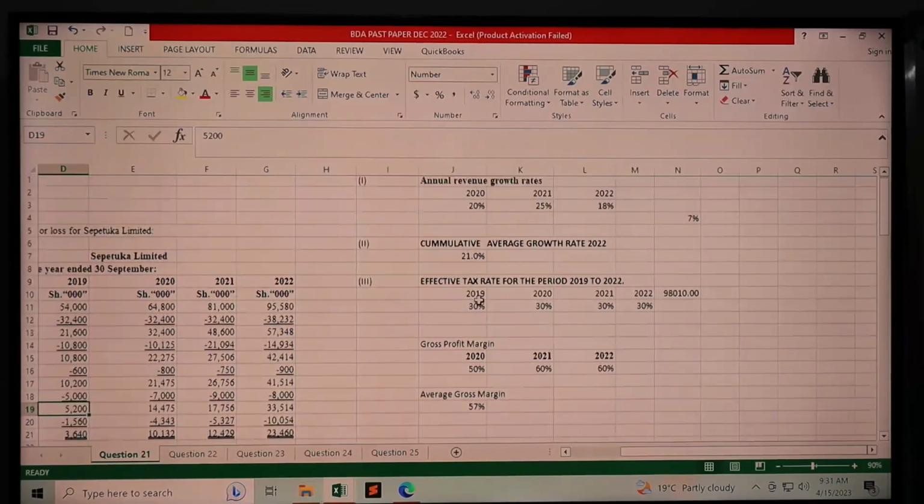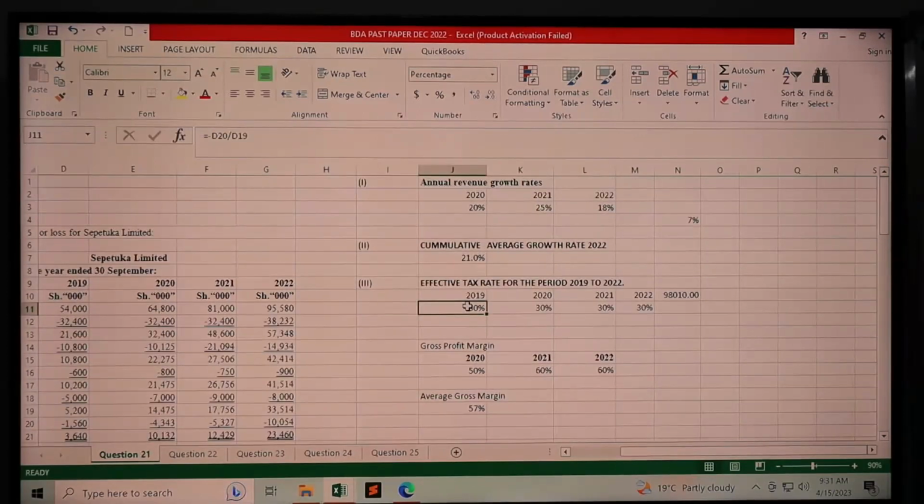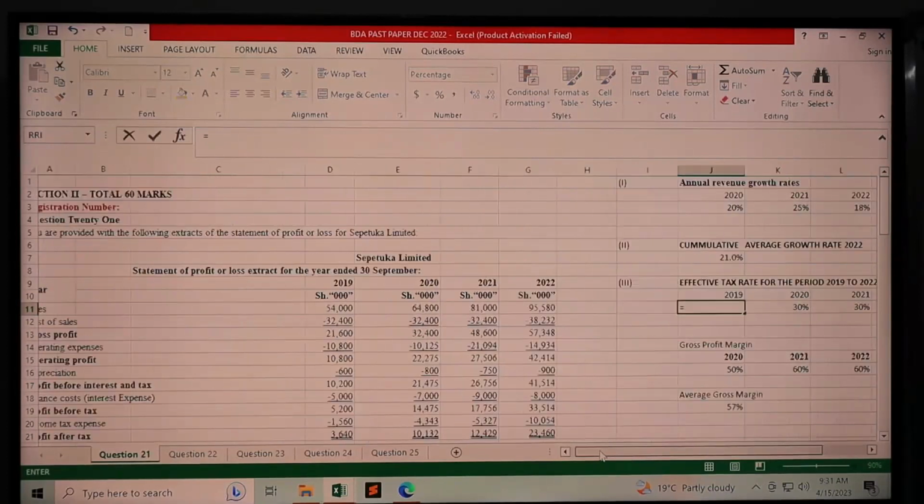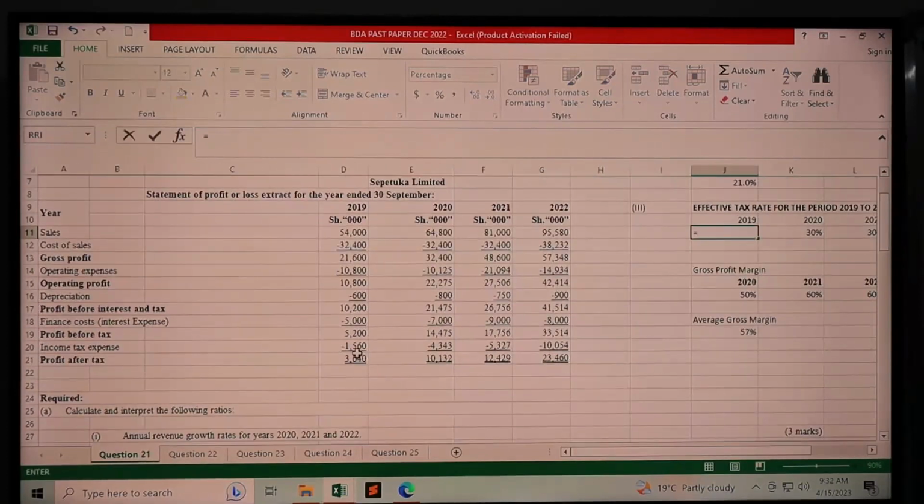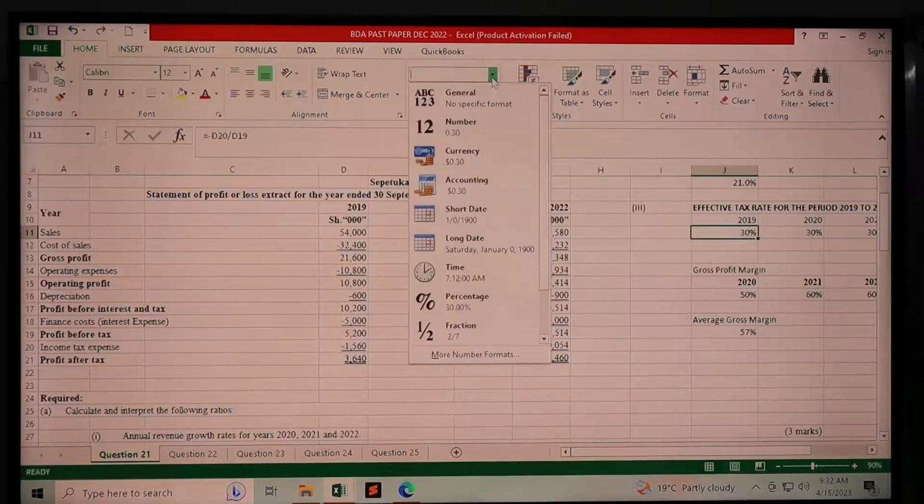So if your effective tax rate for 2019, then simply it means you do what? You start with an equal sign, and we'll take the value here, which was minus. We don't want a minus value. You can say minus that amount, then divide by the profit before tax. You know the percentage of this, and initially it will give you a number in your computer.